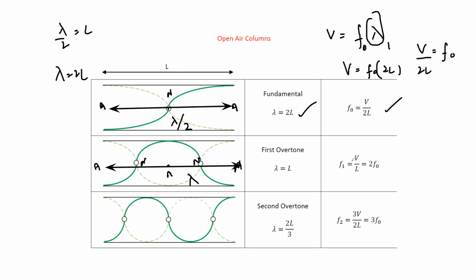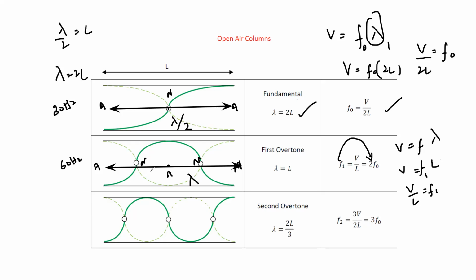Then, using the formula V is equal to F lambda, the frequency when it is vibrating after the fundamental, the first overtone, we call F1. And what is lambda? Lambda is equal to L. So V divided by L is equal to F1, or F1 is equal to 2 F naught. It means if it was vibrating here at 30 hertz, then in the first overtone the vibration will be 60 hertz.